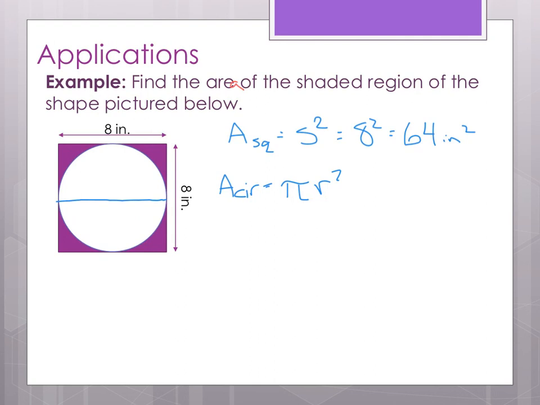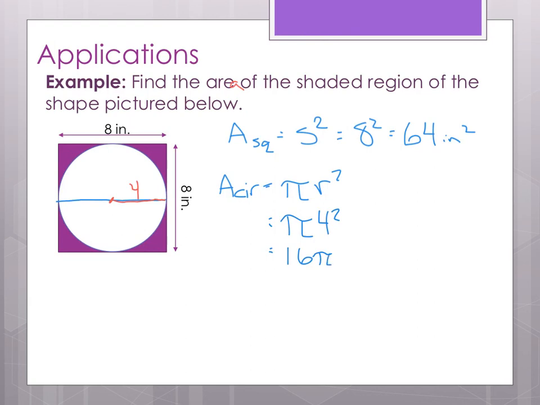If the diameter is 8, then the radius, from the center to the edge, is half of that, or 4. So this is going to be pi times 4 squared, or 16 pi.